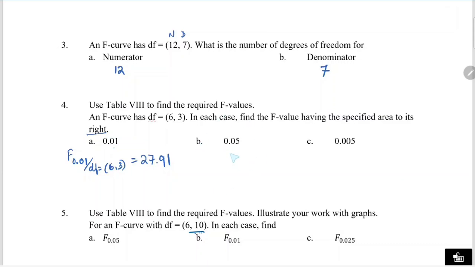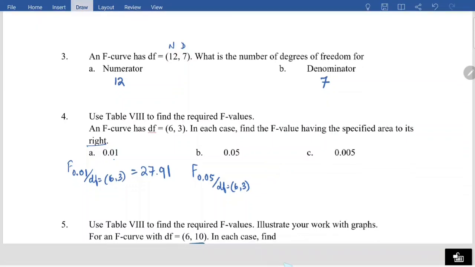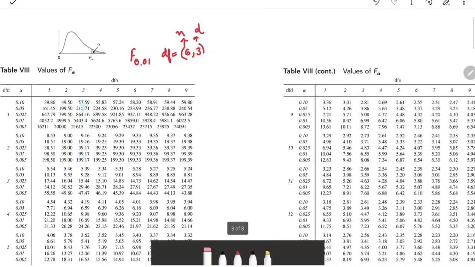The next one says 0.05 is the value of the alpha, so I'm going to write it as F of 0.05 with the same DF, right? DF is 6, 3. So let's go back to our table here.